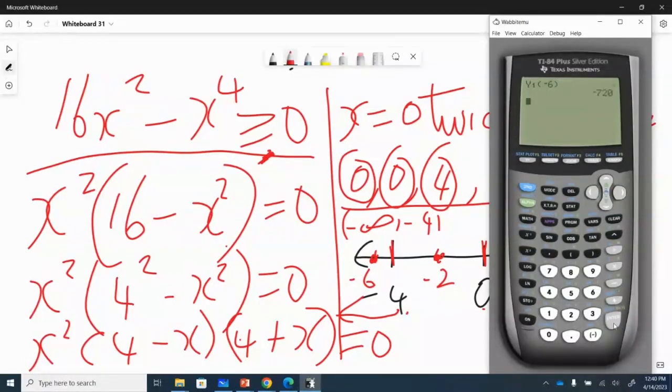And it did. It told me the answer is -720. What did we say? -720 is not greater than 0. So this section failed the test.